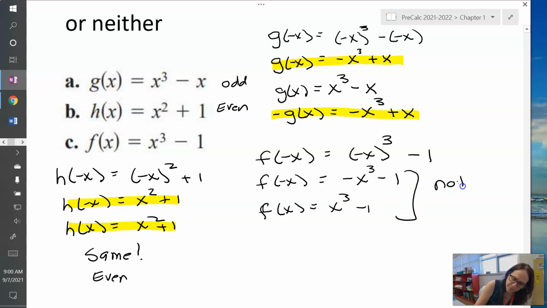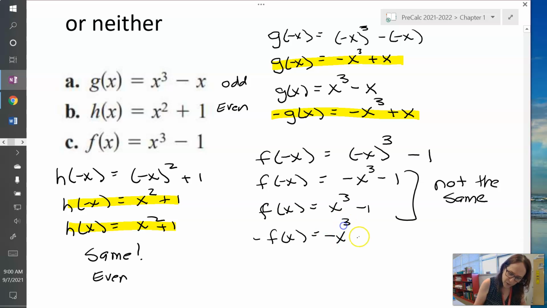So not the same. Now let's multiply f of x by -1 and compare that. So negative f of x is going to be negative x cubed plus 1. Also not the same because of this plus. So this one is a neither.